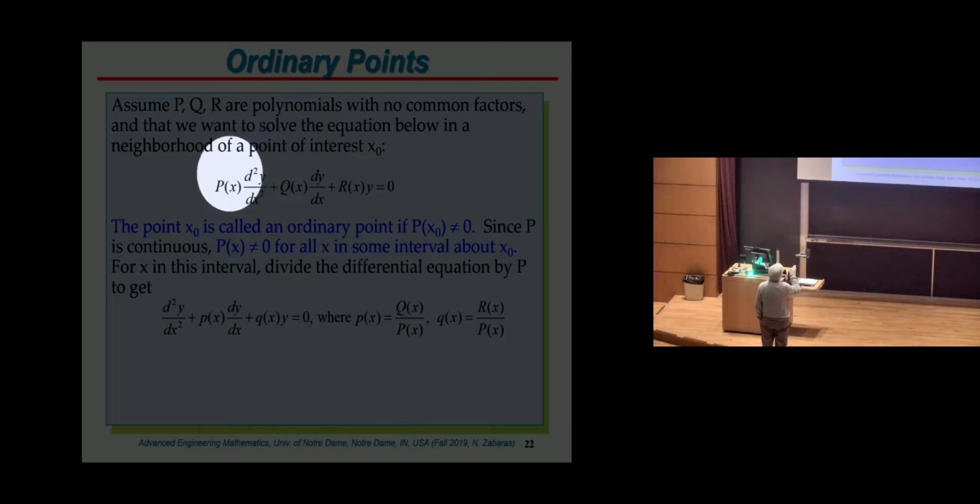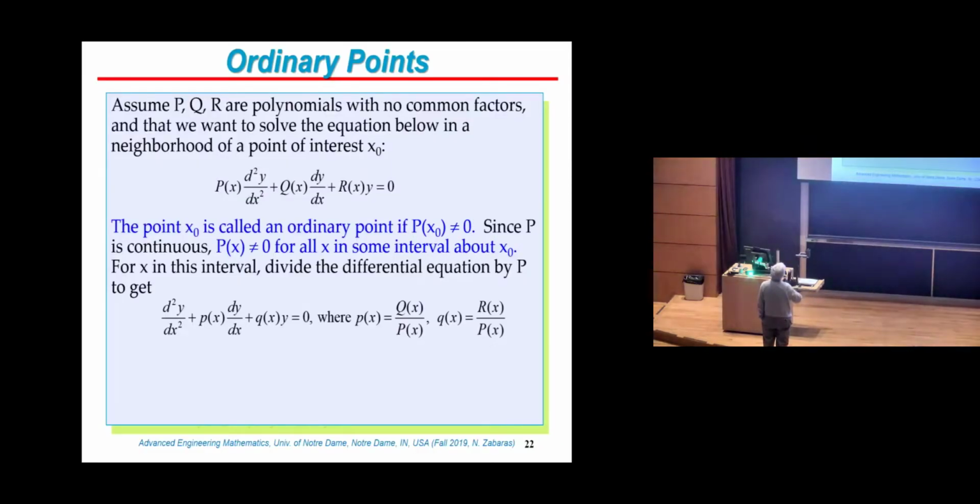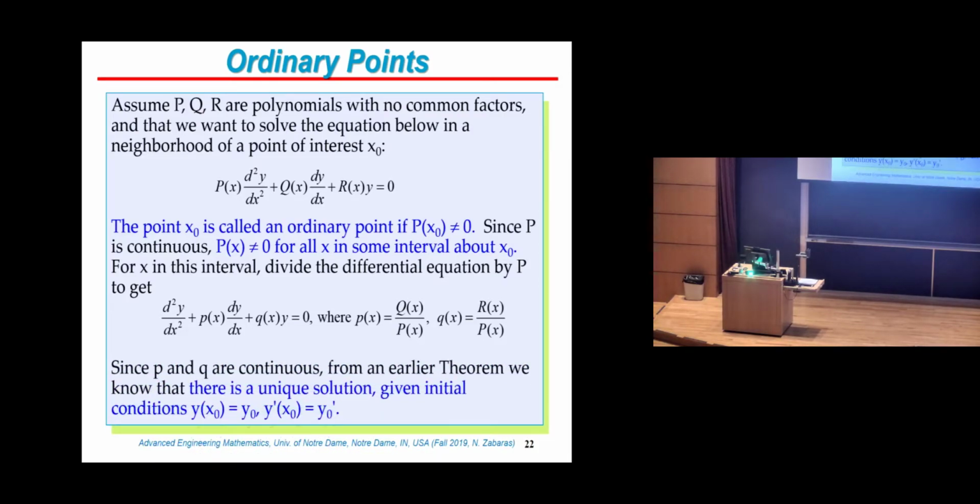Obviously, we're going to have to divide by P, so we're going to assume that there is a point x0 where P of x0 is not equal to 0, and because this function P is going to be continuous, in principle, we're going to assume that there is a little interval around x0 where P of x is not equal to 0, so at least we can compute a solution around x0. I mean, that's the best we can do.